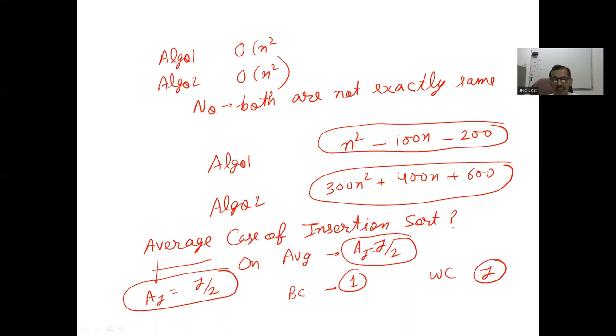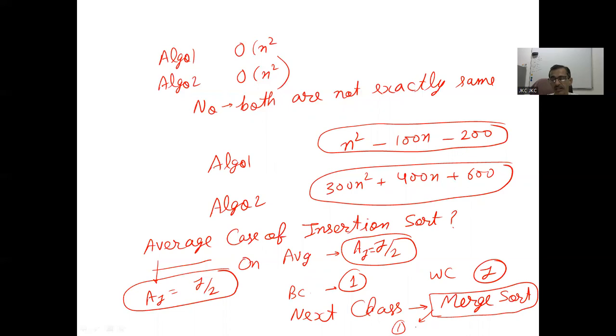So next class, we are going to talk about another algorithm, which is merge sort. You have already done that. Again, I will not focus on the design part now at all. I'm going to directly talk about the merge sort analysis component and understand better how analysis is done. But merge sort has two variants. The first variant is what you have done earlier in data structures, in the Horowitz and Sahni book.